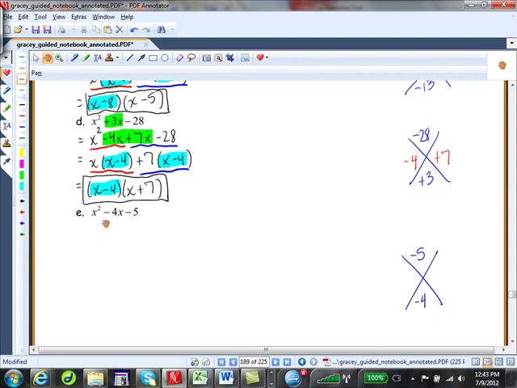So that means this middle term is a result of a difference. So two numbers that have a product of negative 5 and a difference of negative 4, after combining like terms, are going to be negative 5 and positive 1. Negative 5 plus 1 is negative 4. Negative 5 times positive 1 is negative 5.